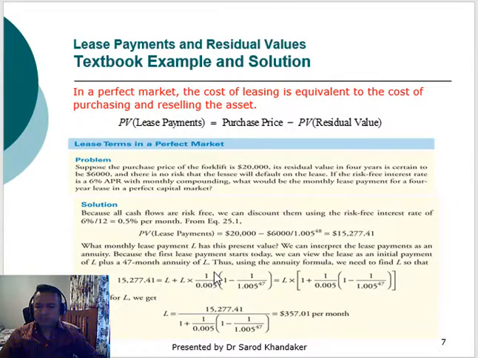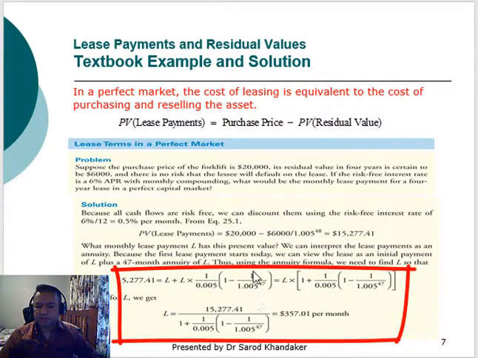Now we put these numbers in here, and according to the formula we just calculated, it is L multiplied by 1 divided by 0.005, which is the interest rate, multiplied by 1 minus 1 divided by 1.005 to the power 47. Why 47? Because there is 1 payment in here, and then there are 47 payments left.